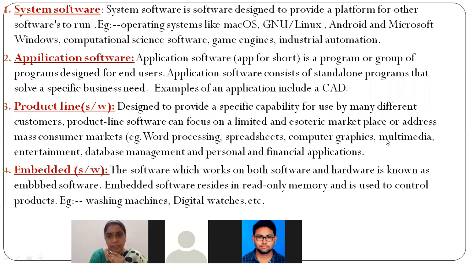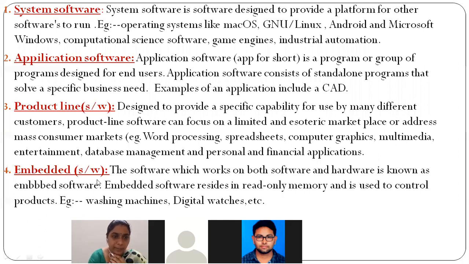All these are general purpose softwares which will be used by most users. Your word software is used by a civil engineer, it is used by a computer engineer, and a normal school student also will be using word processing or spreadsheets. So these are some set of softwares that belong to some product group.